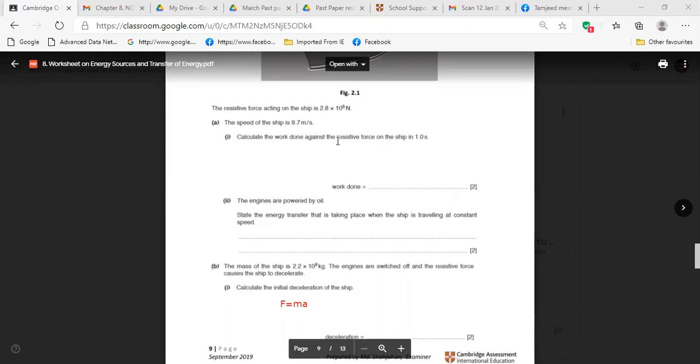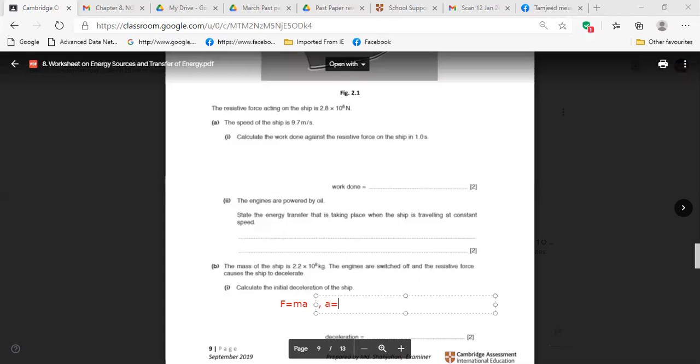Okay, very good. Thank you so much. So you understood it now, right? How F equals ma is working. So we are going to find deceleration. Acceleration is similar to deceleration. Deceleration means slowing down, acceleration means speeding up. So deceleration is negative acceleration, okay?